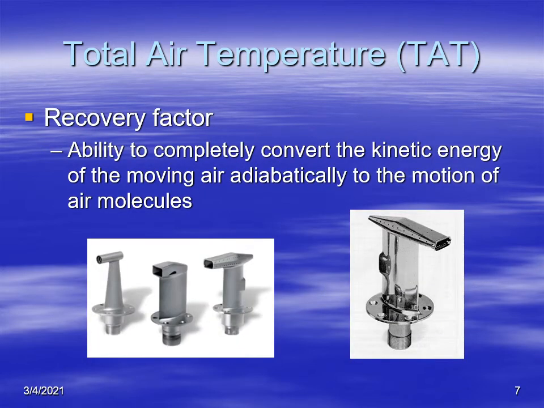There are certain types of special thermometers that measure temperature on airplanes. Total air temperature gauges have a specially designed recovery factor. Recovery factor is the ability to completely convert the kinetic energy of the moving air to the adiabatic motion of air molecules. In other words, recovery factor is how well the thermometer slows the air down to 0 miles per hour.